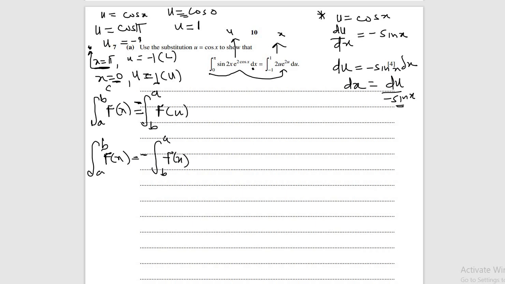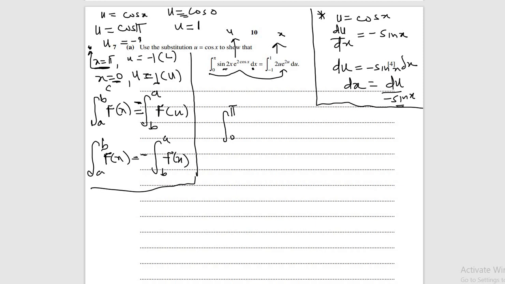So now let's solve it. Let's do what they ask us to do. So hence the integral, let me demarcate it so there will be no confusion. Now the integral from pi to 0 of sine 2x.